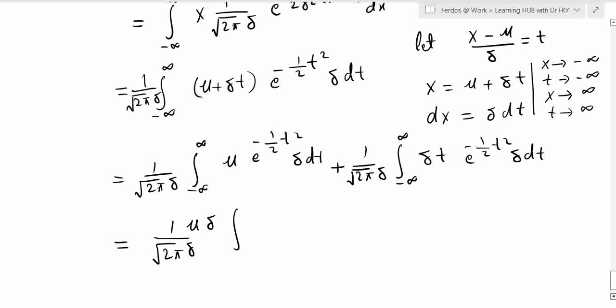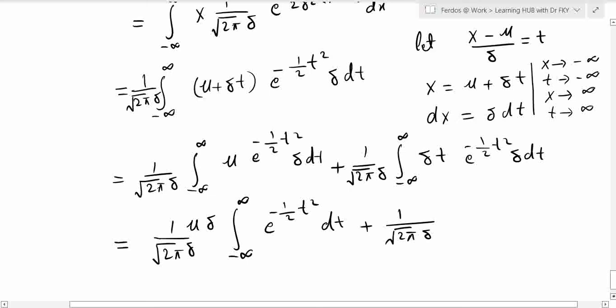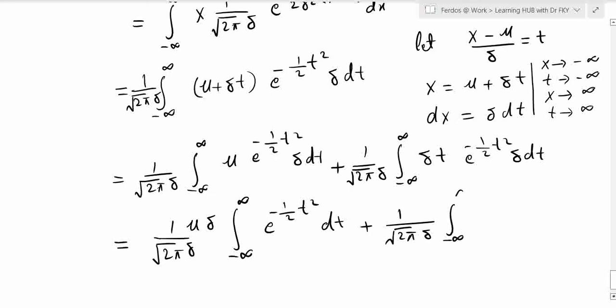Mu sigma, minus infinity to infinity e power minus 1 divided by 2 t square dt, plus, sigma and sigma t should be inside, 1 divided by 2 pi sigma, minus infinity to infinity, and you can write sigma square because sigma and sigma, and now t e power minus 1 divided by 2 t square dt.